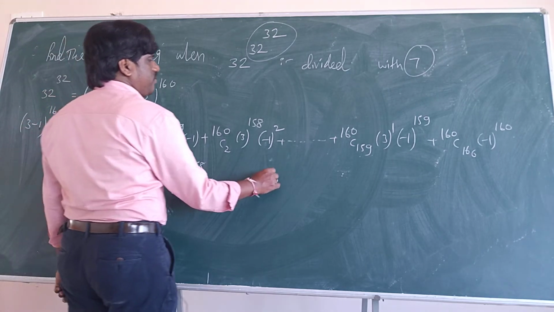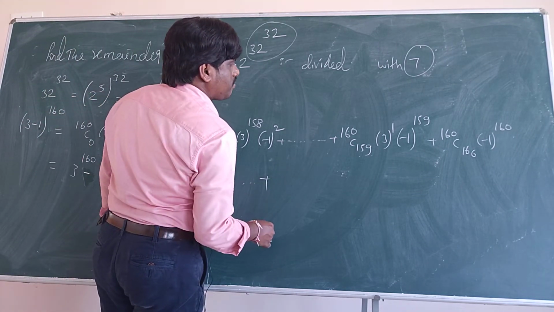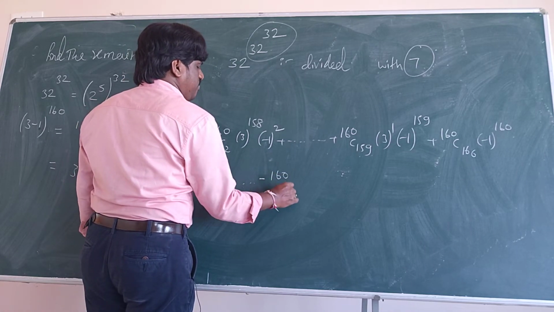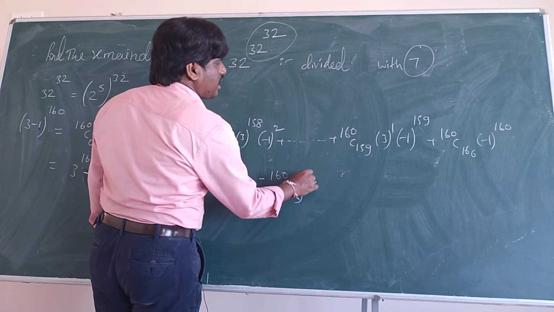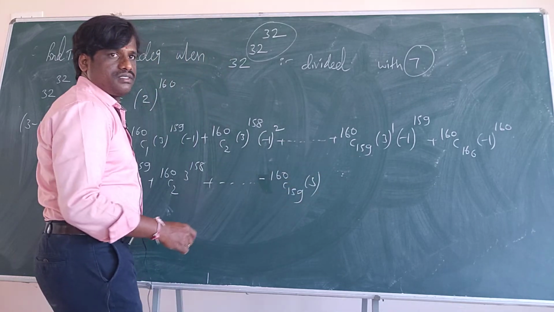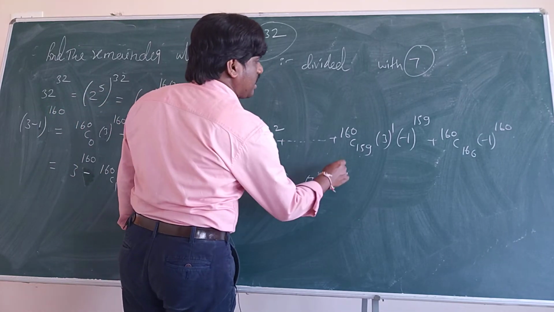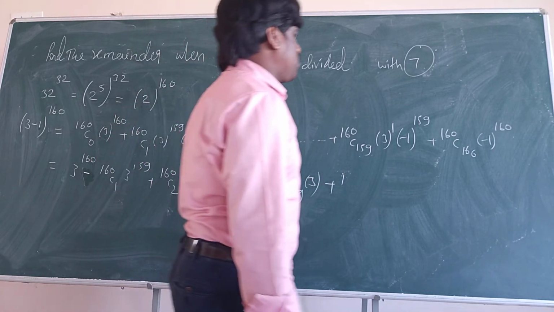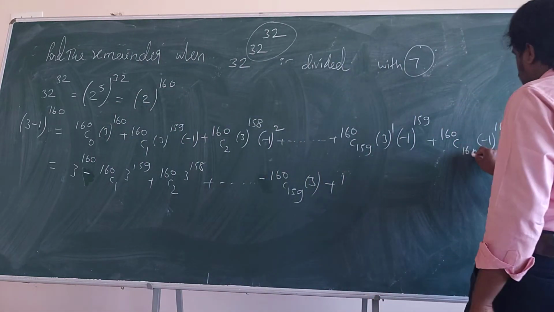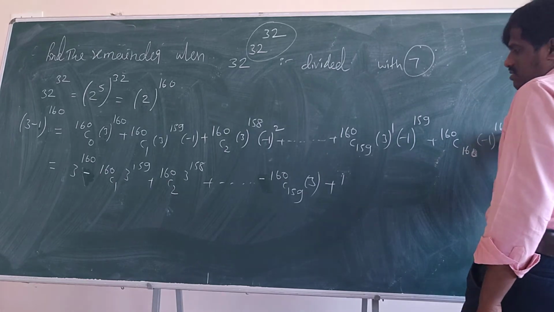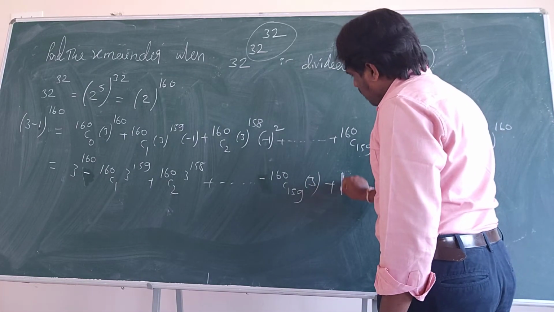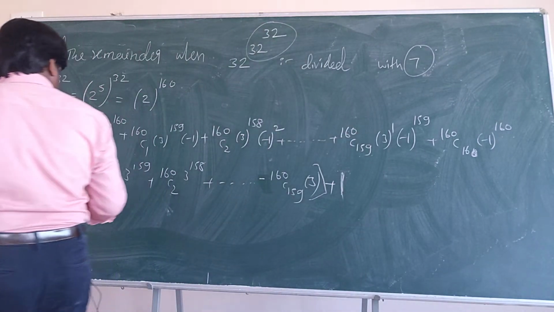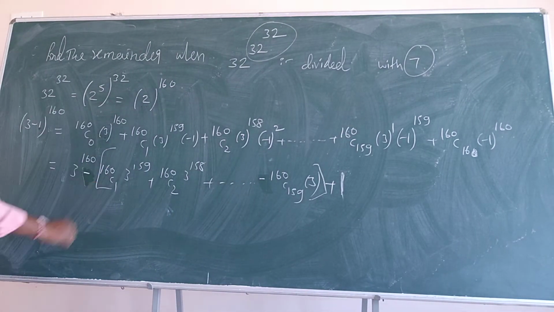If I observe carefully, I get minus 160 C 159, 3 power 1, and plus 160 C 160, which is going to be 1. This value is going to be always 1. So finally you will reach 1, and the rest is a multiple of 3 all.